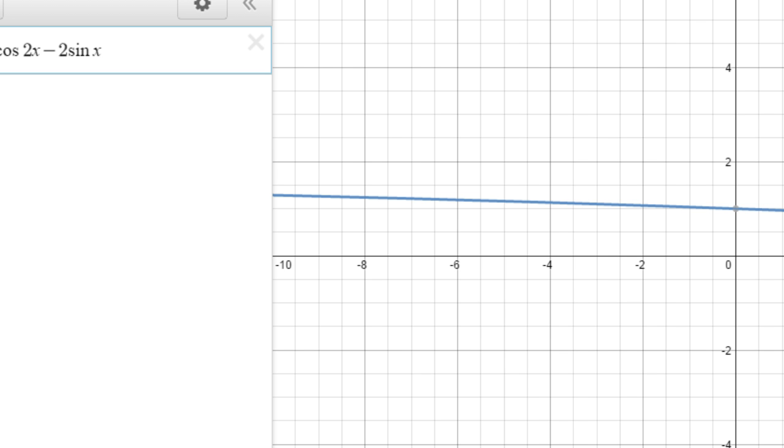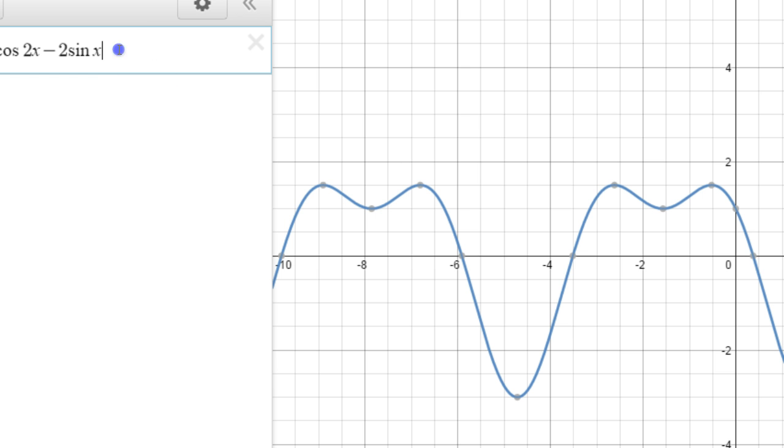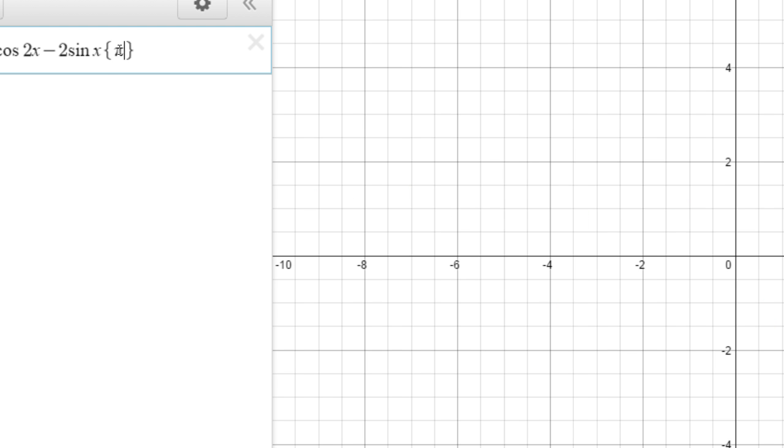Now if you notice that's a straight line, I just need to convert to radians. There we go. And I'm only going to be on the interval where pi halves is less than or equal to x, which is less than or equal to 2 pi.